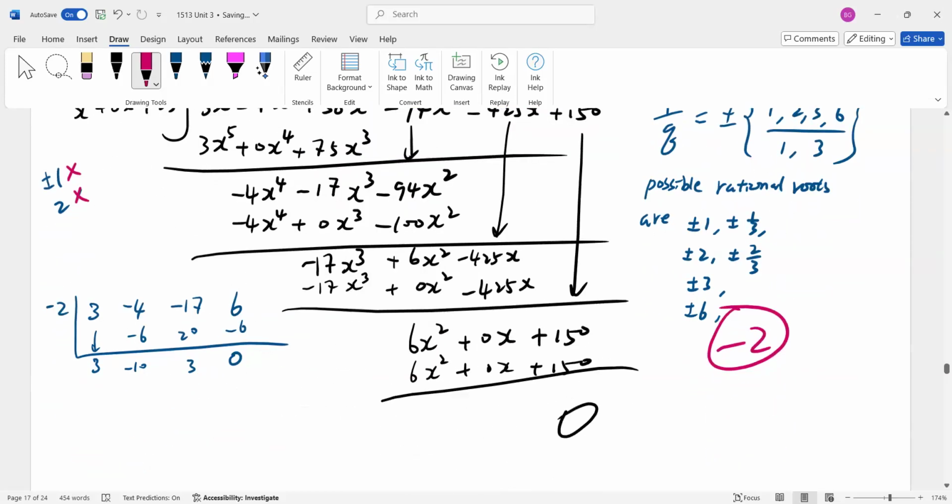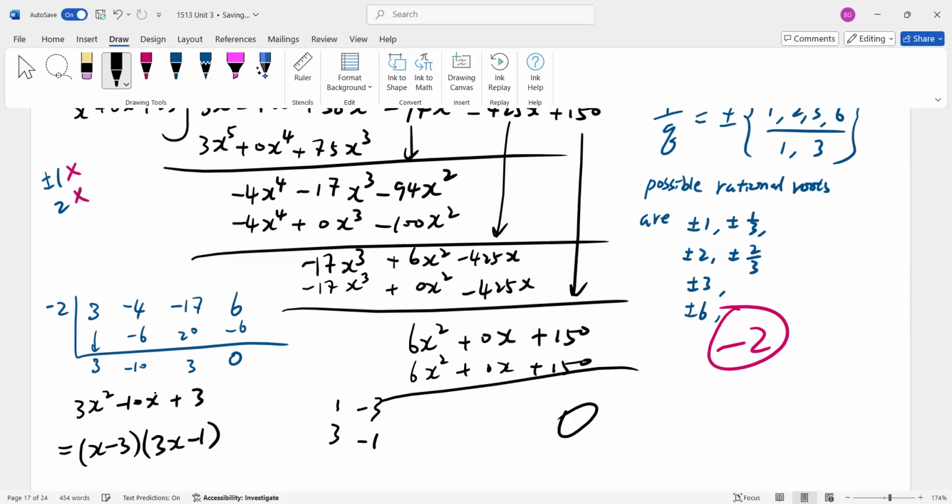So the quotient is going to be 3x squared minus 10x plus 3 here, right? That's the quotient. And you know what? I think we can factor that. We can factor this as x minus 3 times 3x minus 1.